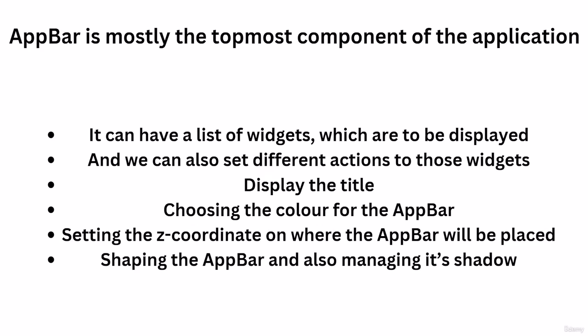So now we will look into what are the components that are present inside the app bar. The app bar can basically have a list of widgets, which are different kinds of components. It can be a text, it can be an icon, it can be an image, which are basically to be displayed.